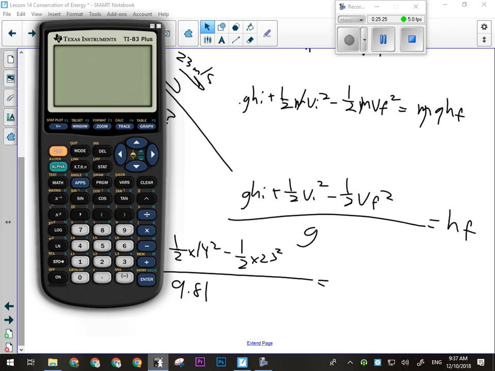So we got 9.81 times 30 plus 0.5 times 14 squared minus 0.5 times 23 squared, divided by 9.81. So they will be 13 meters above ground level when they are moving at 23 meters per second.